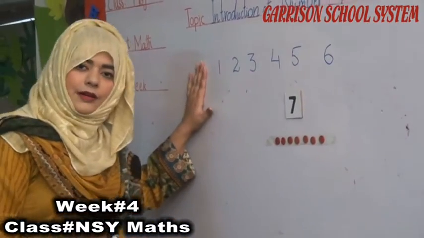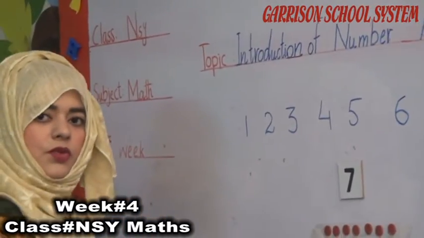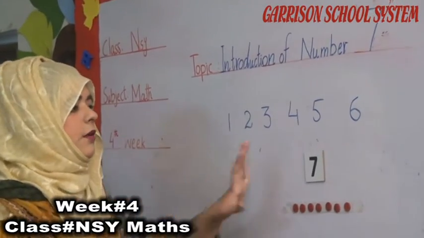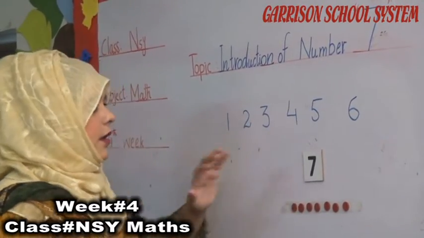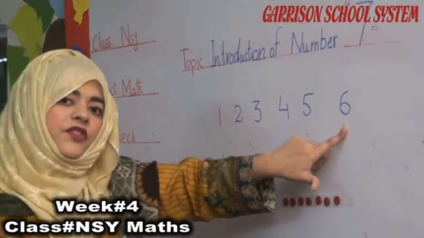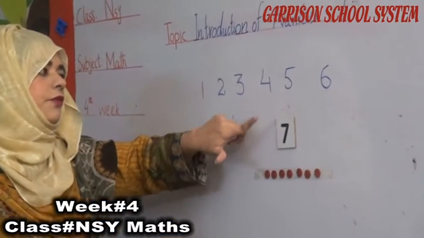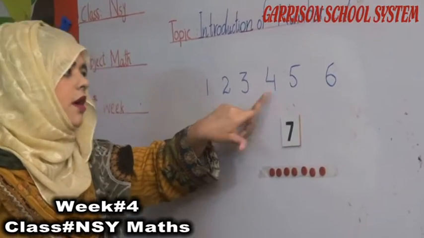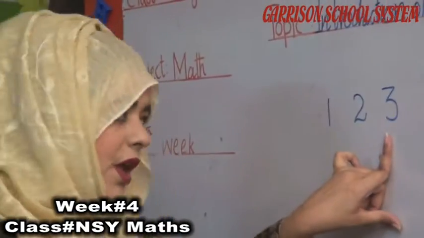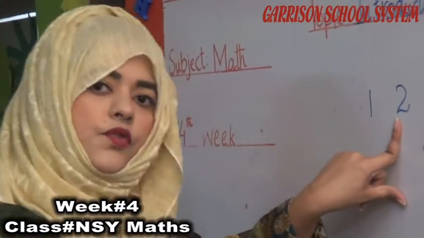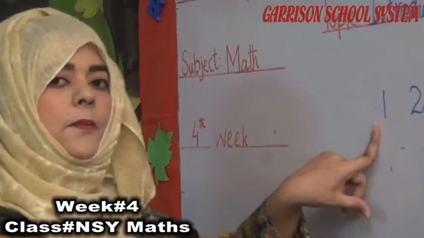Do revise your previous numbers so that you know where it comes. Like before 7 comes 6, before 6 comes 5, before 5 comes 4, before 4 comes 3, before 3 comes 2, and before 2 comes 1.